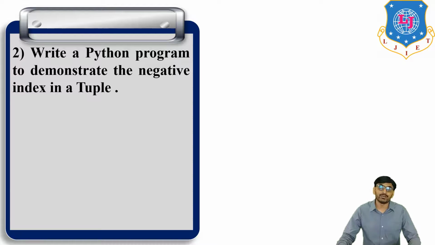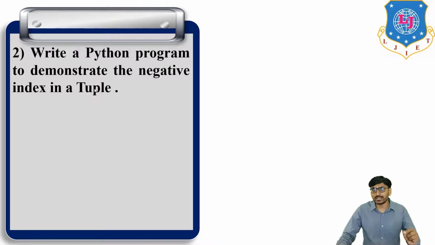Now, in a tuple, we know that the index starts from left to right or right to left. If the index starts from left to right, then it is a positive index: 0, 1, 2, 3, 4. And if it starts from right to left, then it is a negative index: -1, -2, -3, -4.